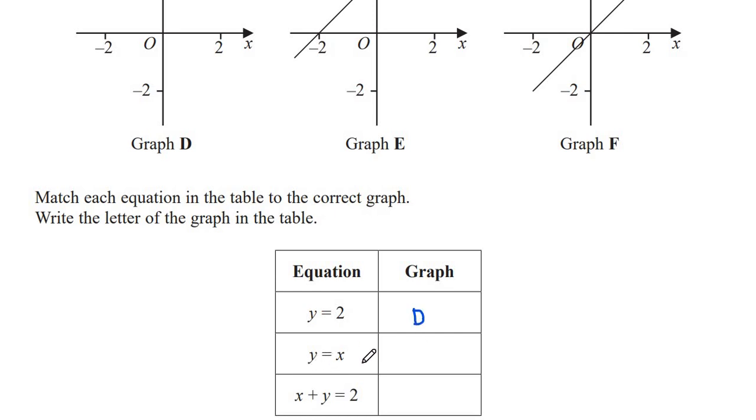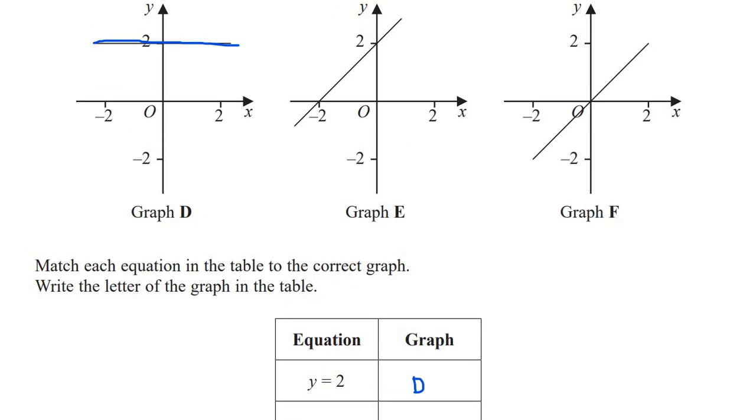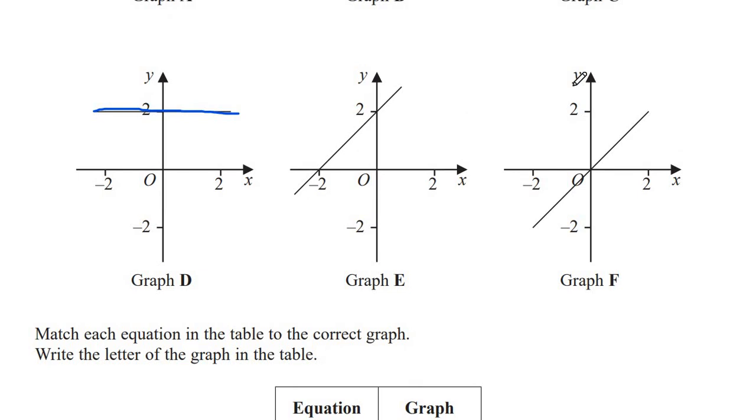And then next equation is y equal to x. So that means this is going to be a straight line where the x and y values are the same. So if we take a look at this point on the graph here, this point is 0 and 2. So the x and y values are not equal. So this cannot be the line y equal to x. Now, if you take a look at this line, let's take a point on this line.